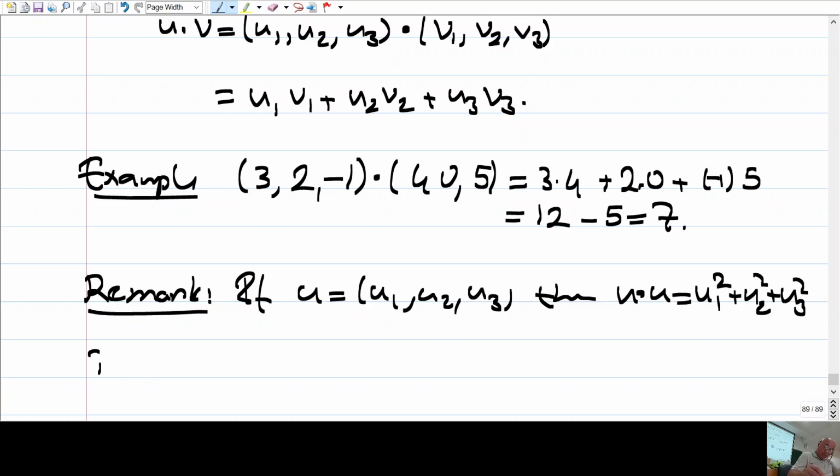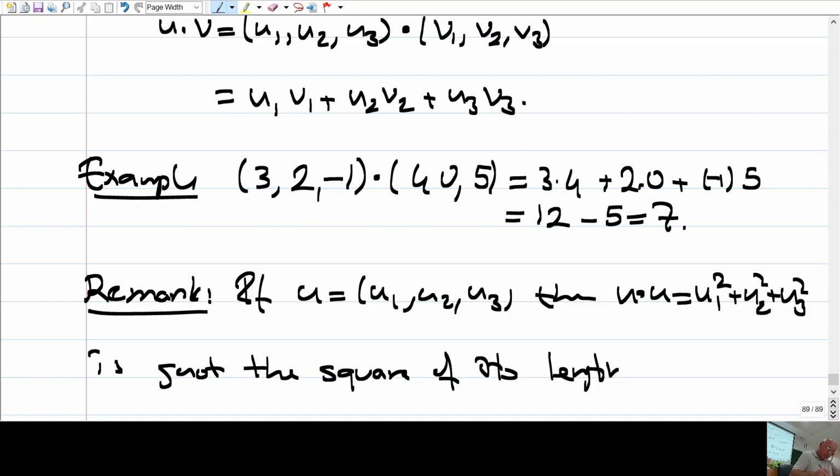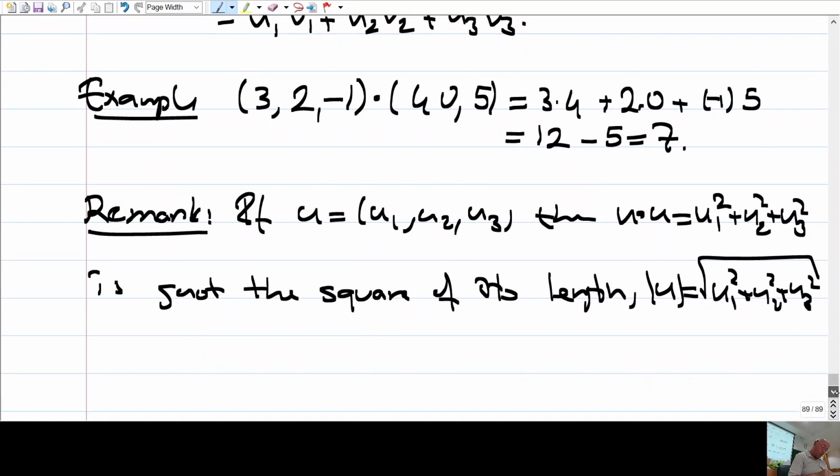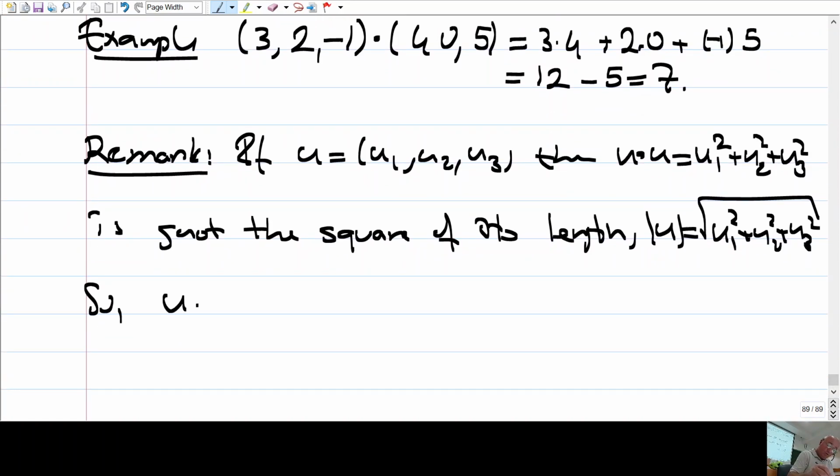This is just the square of its length, right? What is the length of this vector? The length of this vector is just the square root of u1 squared plus u2 squared plus u3 squared. So u dot u is just norm u squared. So u dot u is just length u squared.